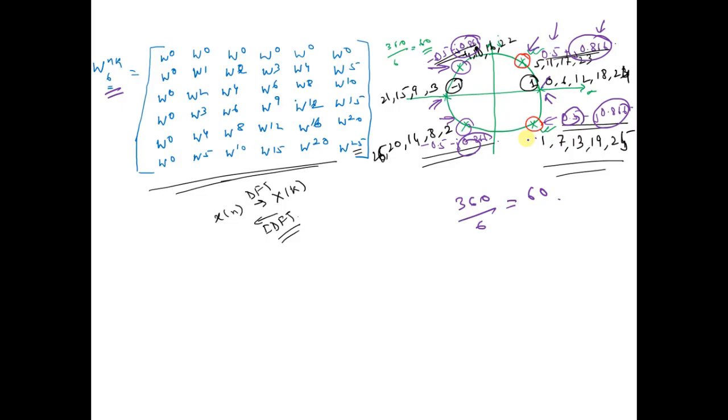How do you calculate the 60-degree angle? In class 8, 9, this is 60 degrees, this is having a radius of 1. Calculate the coordinate: 0.5 minus j 0.866.